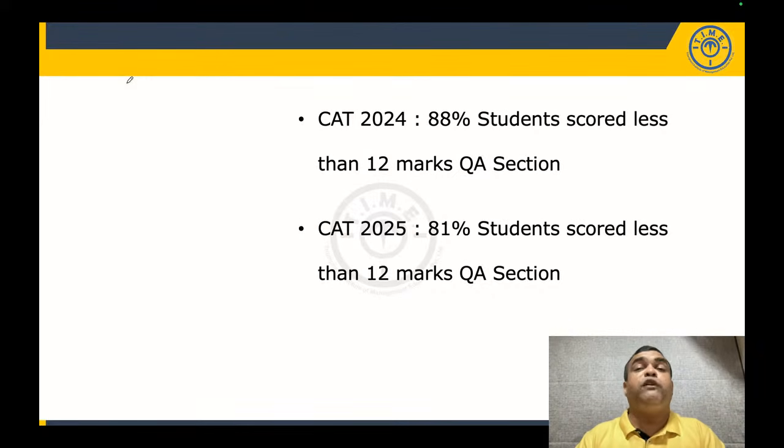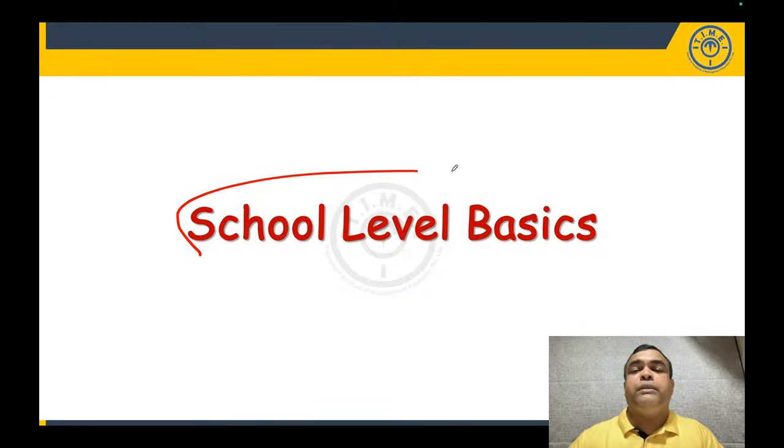Probably that number is right now 50%, and you can see that from this data also. Whatever number of people are attending this session, if I take that as a sample size, I will find similar numbers: around 80% of people watching this session may not be getting the 4 questions correct. So the missing part, I feel, is the school level basics.